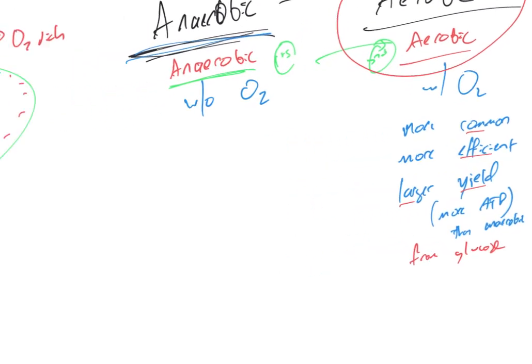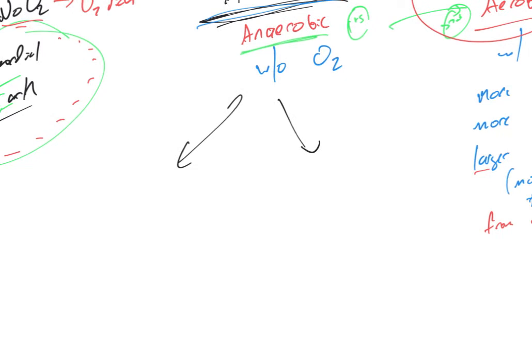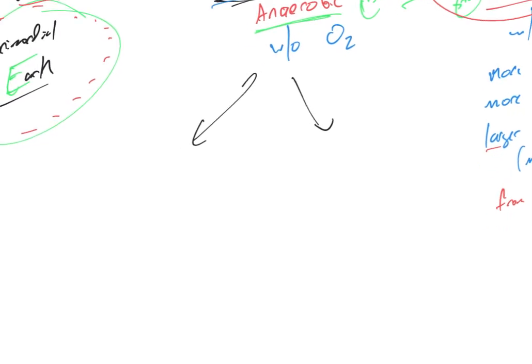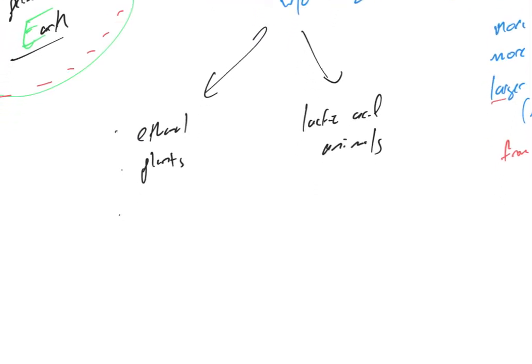Now, anaerobic has two types: lactic acid or ethanol. Lactic acid is in animals. Ethanol is in plants, and is used in baking.